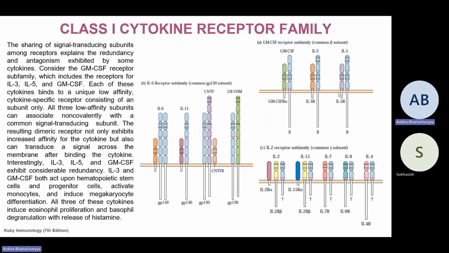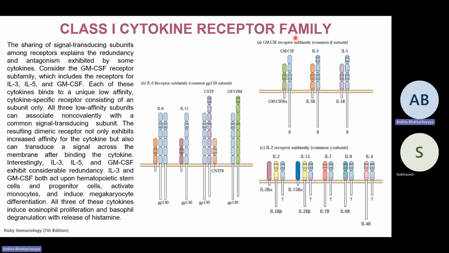So I was talking about the signal transducing unit in this case. Let us take the example mentioned here, the GM-CSF receptor subfamily. I'll be going into more details about it later, but for understanding, three different types of class 1 cytokine receptor families have been mentioned here.